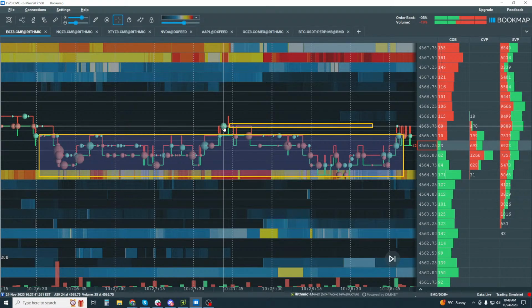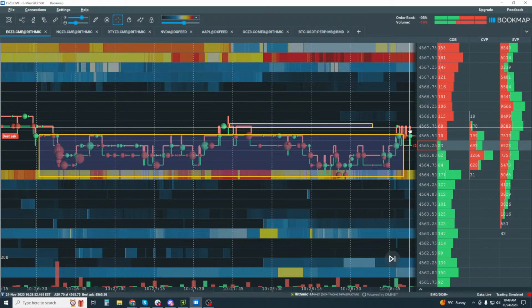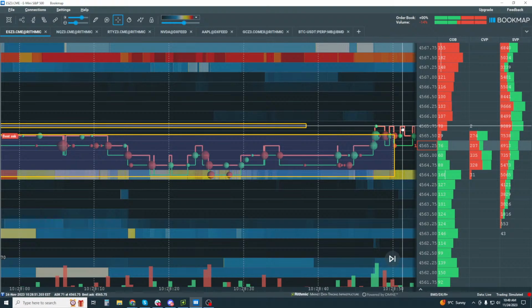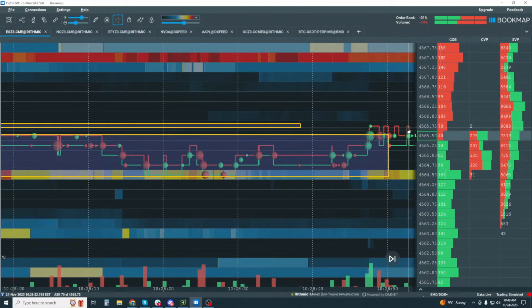How much did it trade up here? How much interest is there in trading up here? Not too much right now. We don't see a lot of transactions up here. In fact, in here, once, twice, thrice, the best offer was up here, but not one transaction took place.